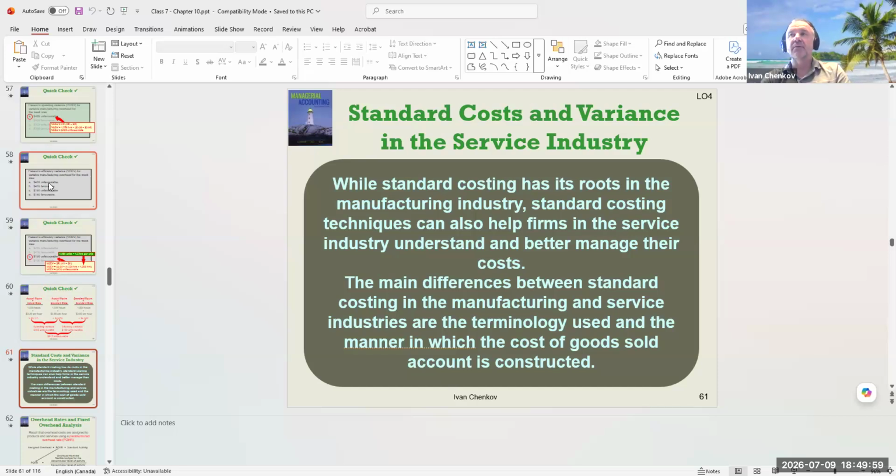The only thing that will be, to some extent, a little bit different will be the materials. In the materials, we may have more like merchandising material or materials that we're purchasing and selling or using in the service or just directly giving to the client. But for the hours and the variable overhead, it will be exactly the same.